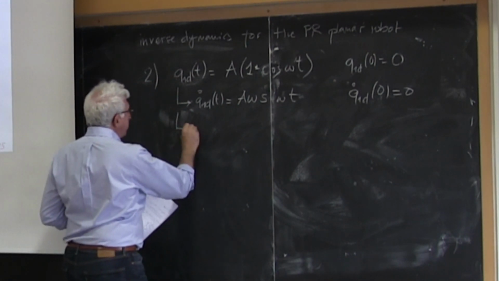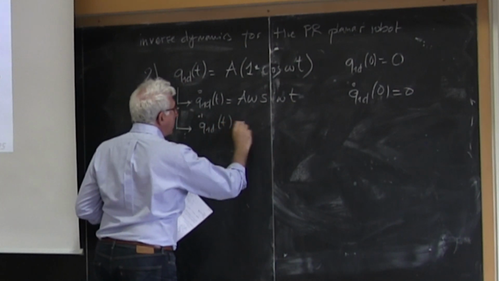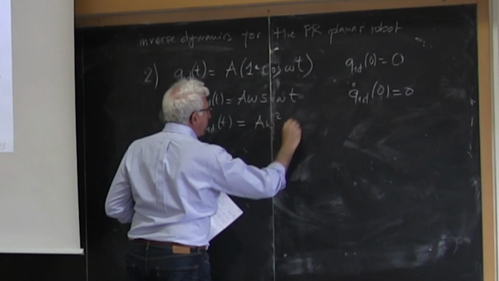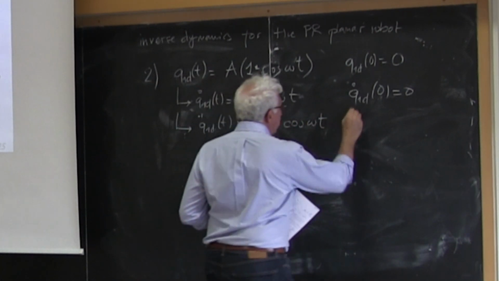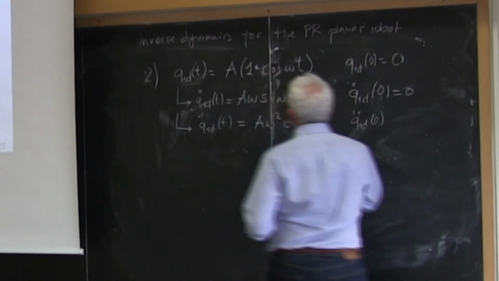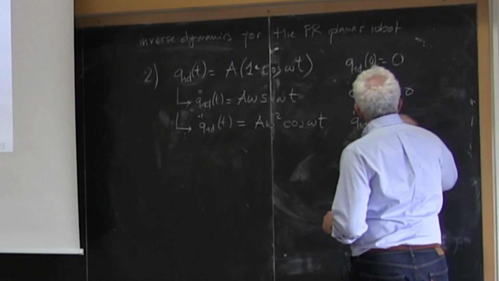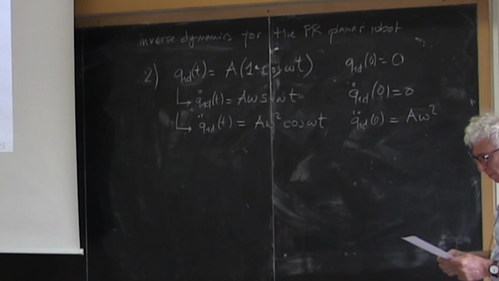And finally, q1 double dot of t is the derivative of this, so a omega square cosine of omega t. And this will imply that at time 0, the acceleration, since this is 1, will be equal to a omega square. Okay, so different from 0.